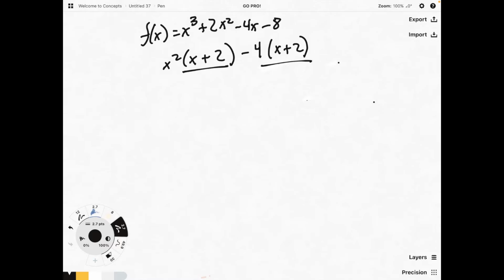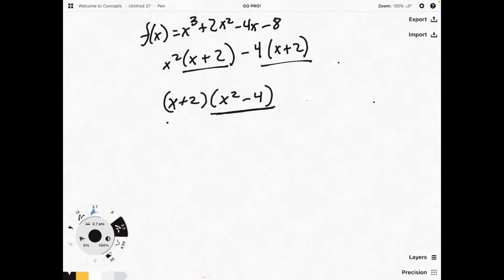And if we take that out, then that's going to leave us with x plus 2 multiplied by x squared minus 4. We see that we're still left with this x squared minus 4, and we know that we can factor that by taking the positive and negative sign of the factors of 4.